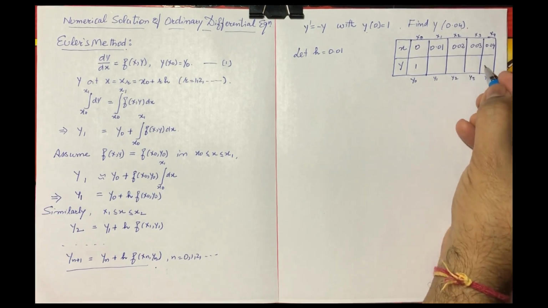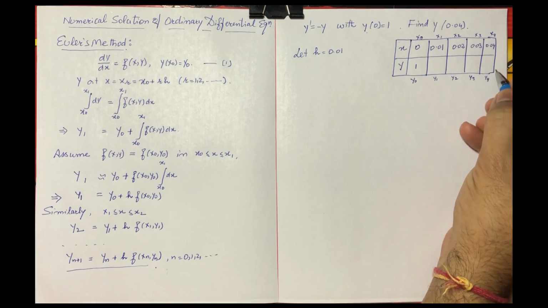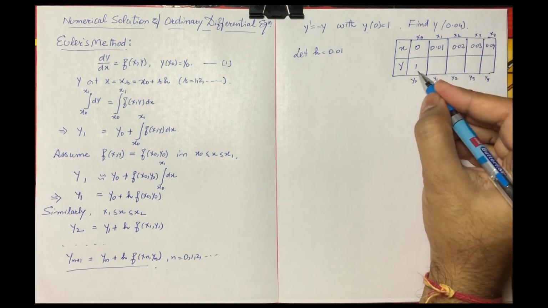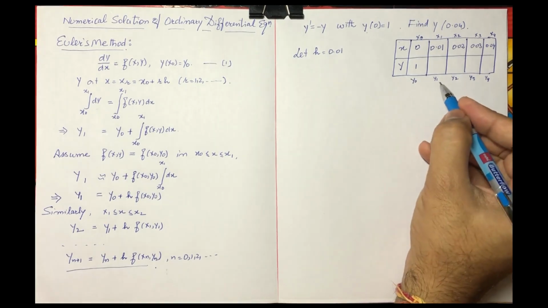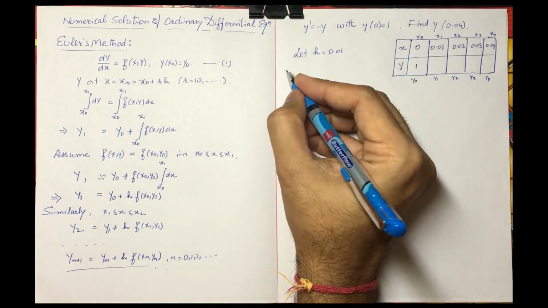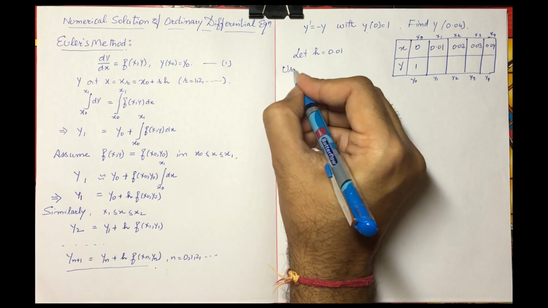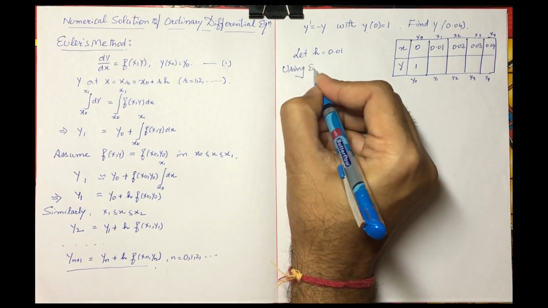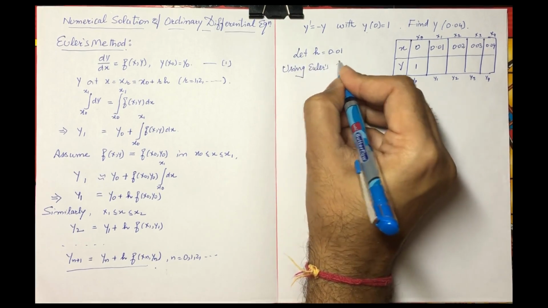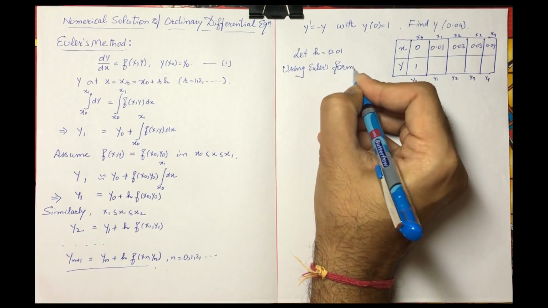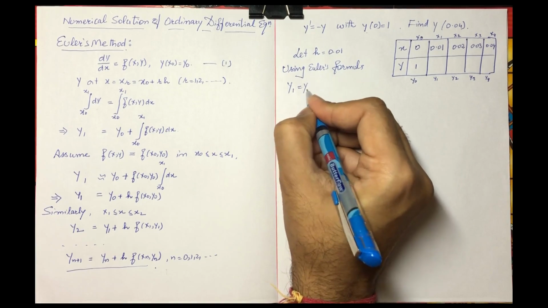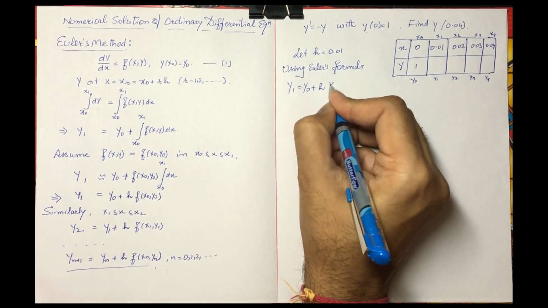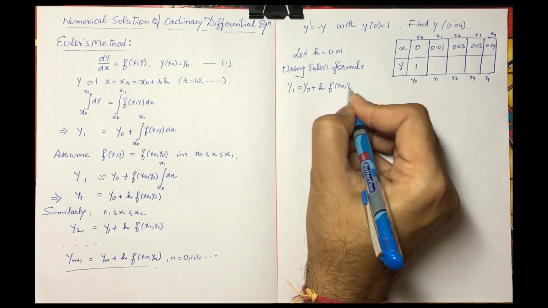So this is the answer which we desire to find, but to reach this we have to go through all these steps. So at step 1 we will get y1. Using Euler's formula, y1 equals y0 plus h f(x0, y0).